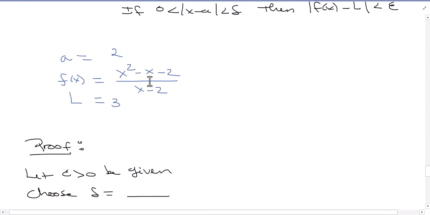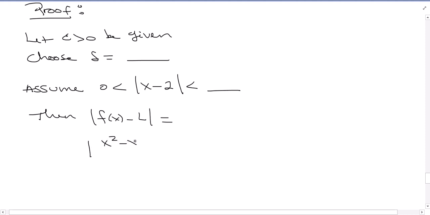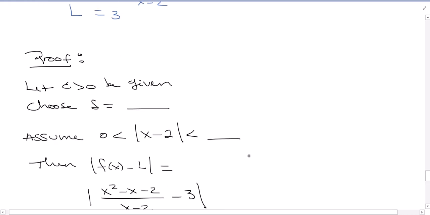So a is 2, f of x is that, and L is 3. Then the absolute value of f of x minus L is equal to, in our case, x squared minus x minus 2 over x minus 2, that's our f of x, minus 3, equals, and then we're going to continue the body of the proof.